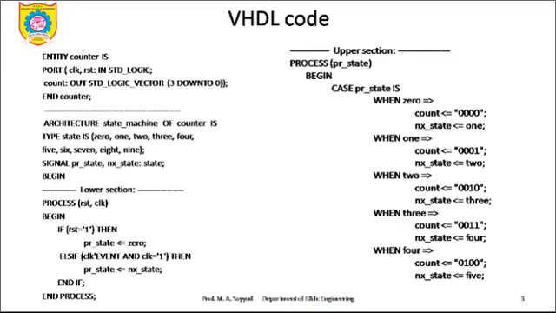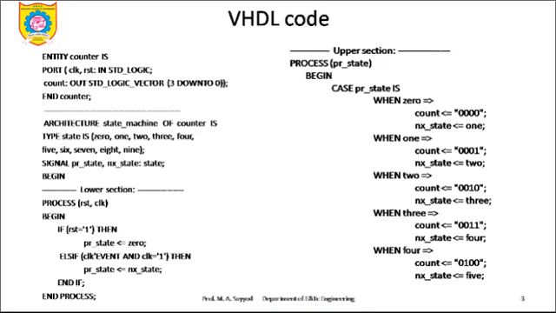There is another declaration, of signals. Two signals are being declared, that is present state and next state, and these signals are of the type state. Means wherever in your VHDL code you use PR underscore state and NX underscore state, these two signals can take the values from 0 to 9 only.